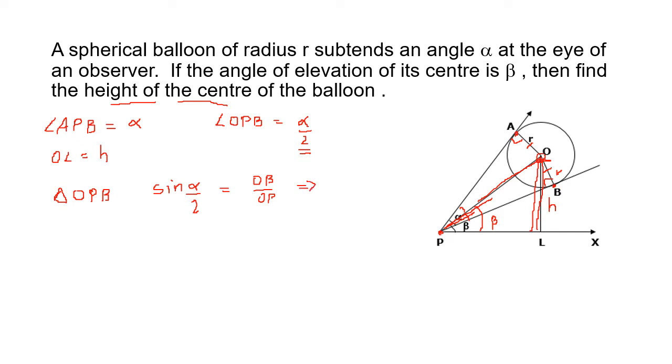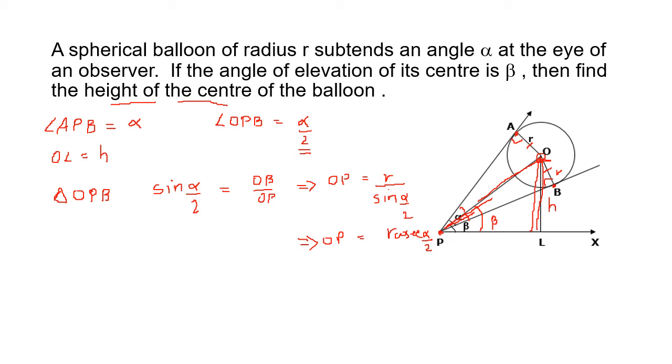We cross multiply: OP equals OB, but OB is the radius, which is r, upon sine alpha by 2. Is it clear? Or we can write OP equals r into cosec alpha by 2, because 1 upon sine alpha by 2 is cosec alpha by 2.